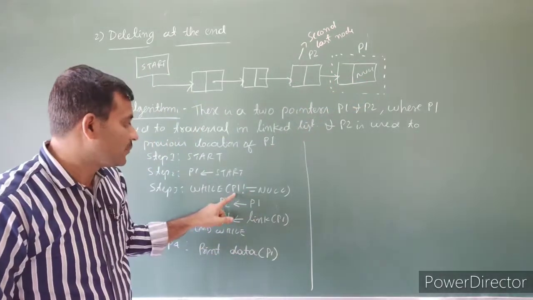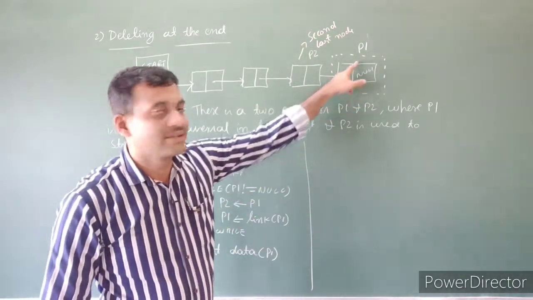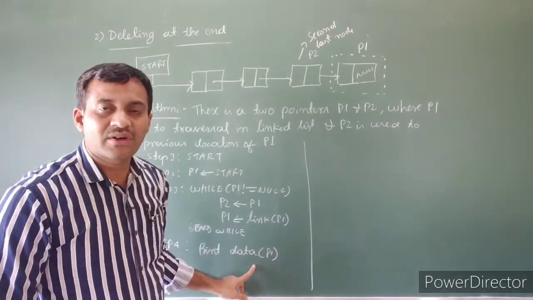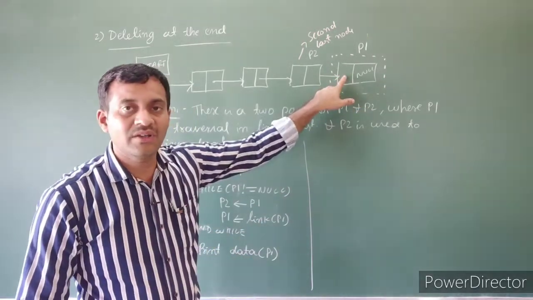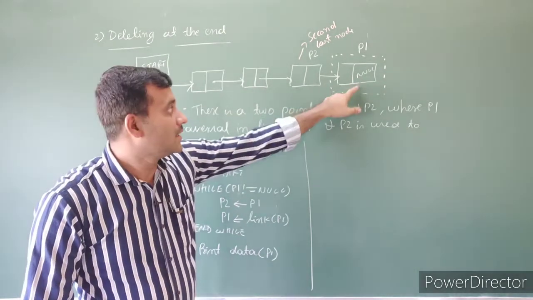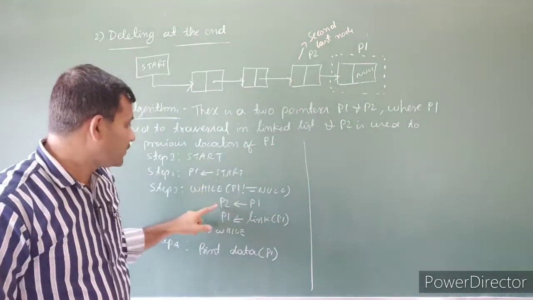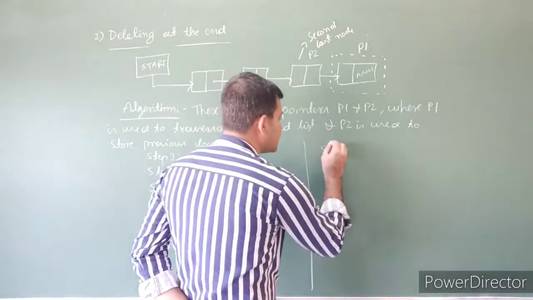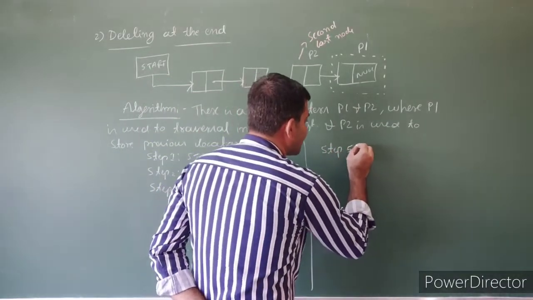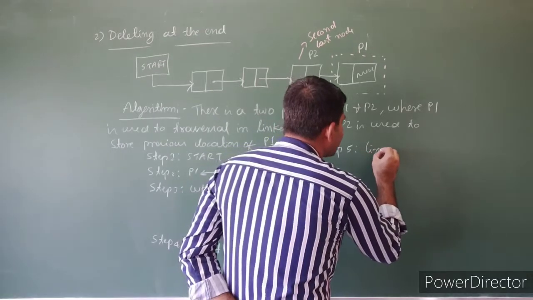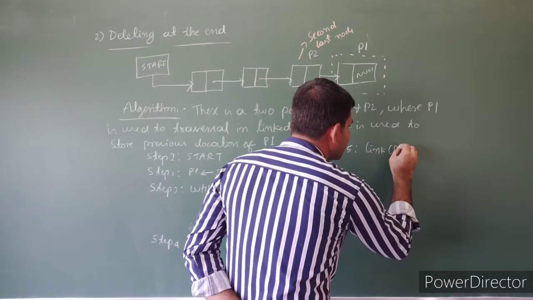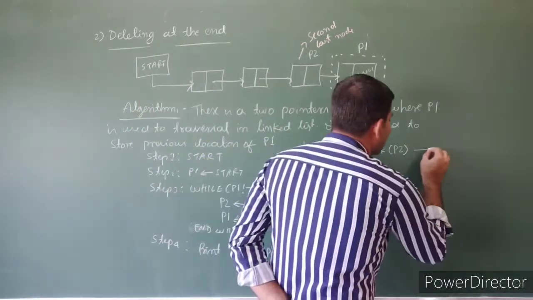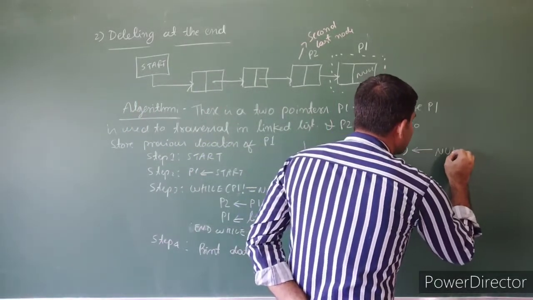When it terminates, the link part of P1 is null. At that time we print the data part of P1. Then we assign a null value to P2's link, because P2 stores the previous address of P1. In step 5, the link part of P2 is assigned with a null value.